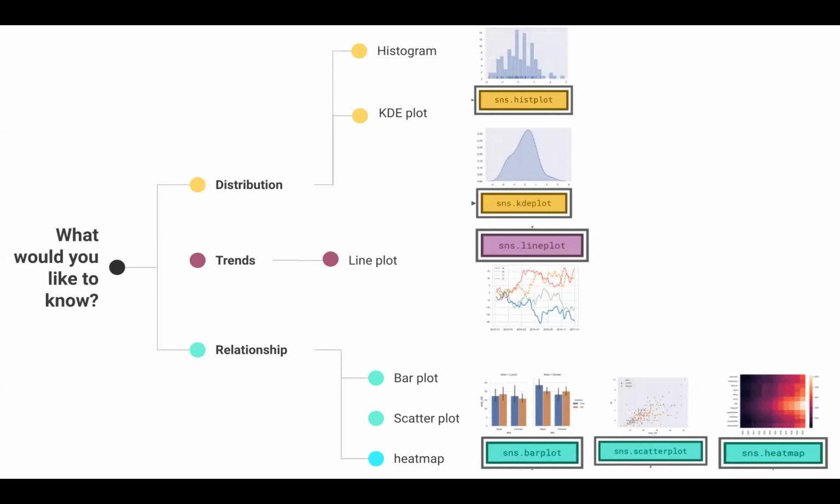Okay, we went over bar plot. Let's move on to discuss scatter plot.